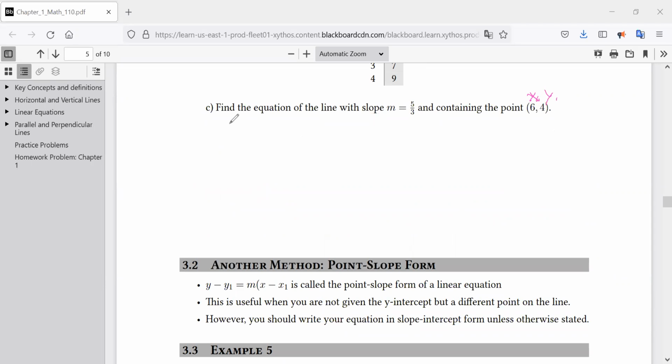So we would have y minus 4 is equal to 5 over 3 times x minus 6. And then we should be able to rearrange this to get the same thing that we had before. So if I distribute this right here, then I would get 5 over 3 x minus 10, for the same reason that we got 10 before, is equal to y minus 4. I forgot the x here.